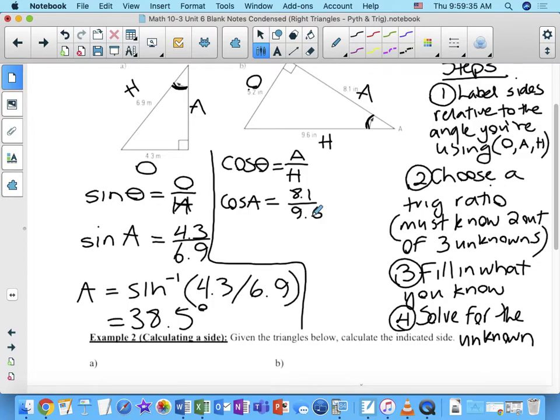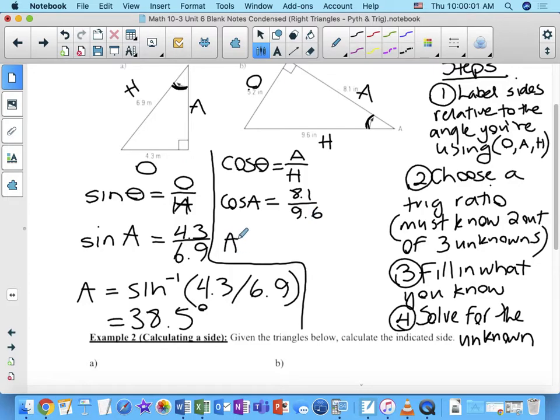I want to get the angle. How do I access that information from my bank of information in my calculator? Cos inverse. Yeah. If you have the ratio and you want the angle, you use the cosine inverse button.